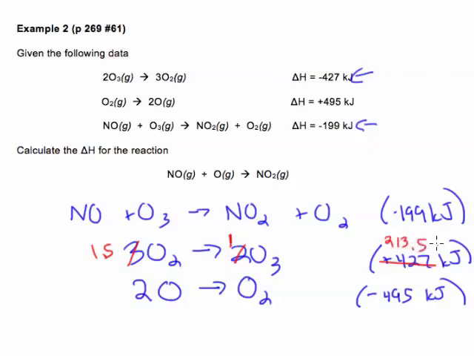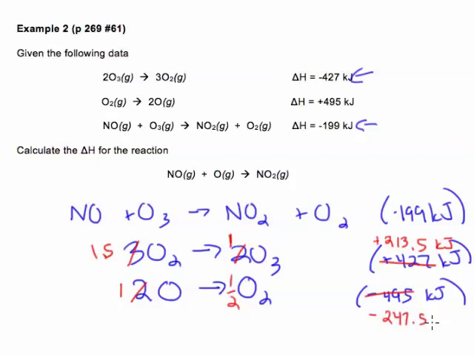And this, we need 1 oxygen all by itself. So we're going to multiply by 1/2 again to give us 1 and to give us 1/2. That makes this change in enthalpy 247.5. And if we look, we can see that our ozone, our O3 cancels out.